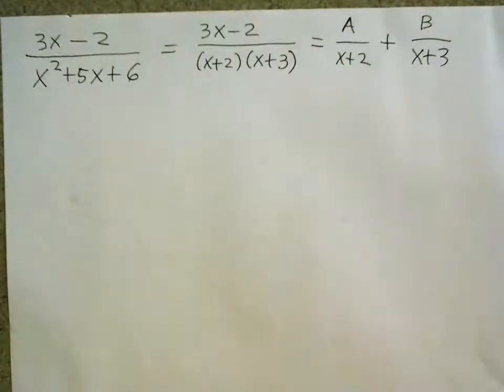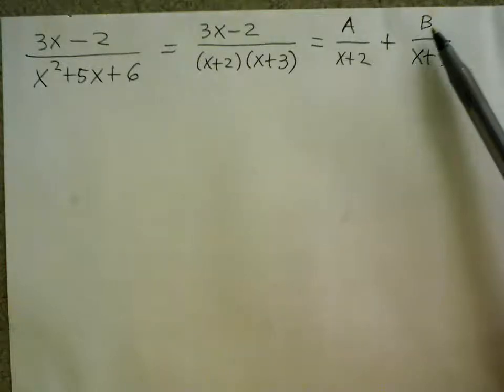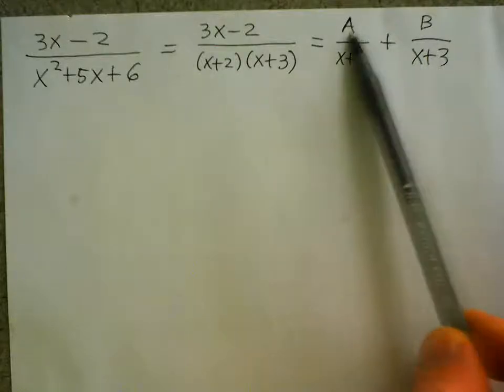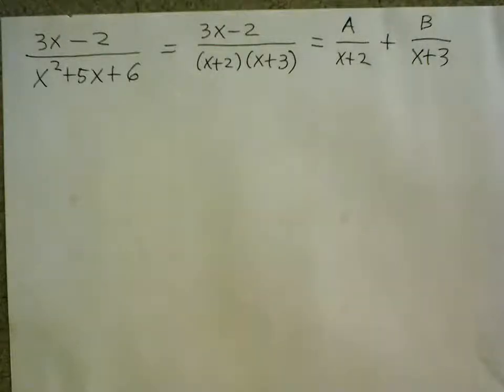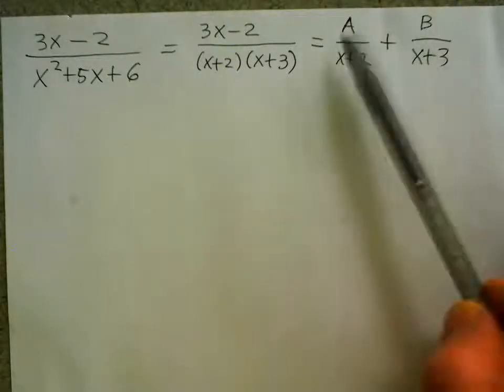If I followed the form that was on the previous page, I would have put a sub 1 in that numerator and a sub 2 in that one. But I just prefer to use different letters for the different constants. Okay, so the goal is to determine what the values of a and b are.